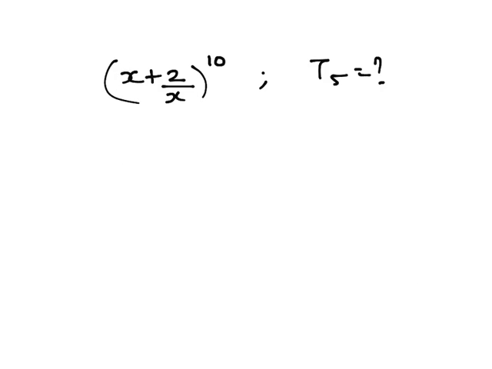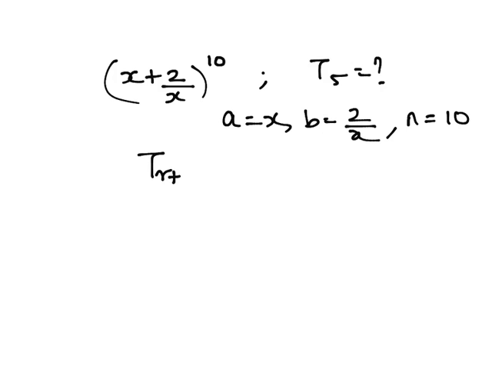Okay, let's say in this expansion I want to find the 5th term. So I'll write here a is x, b is 2 by x, and n is 10. So you'll get T(r+1) equal to nCr, that is 10Cr a power n minus r, so x power 10 minus r into b power r, which is (2 by x) power r.